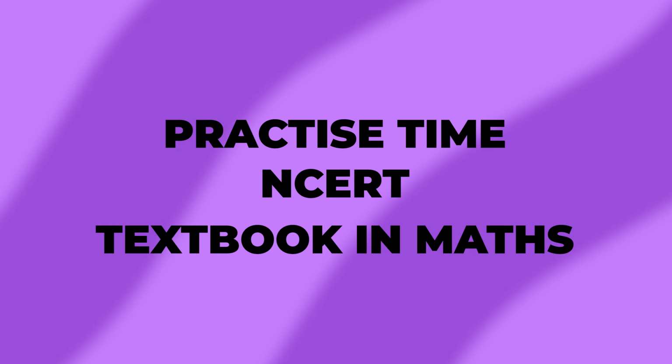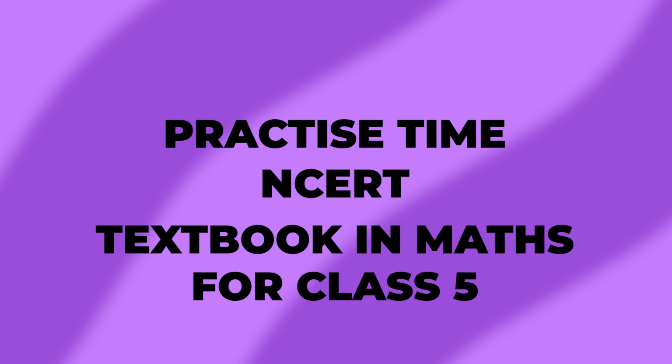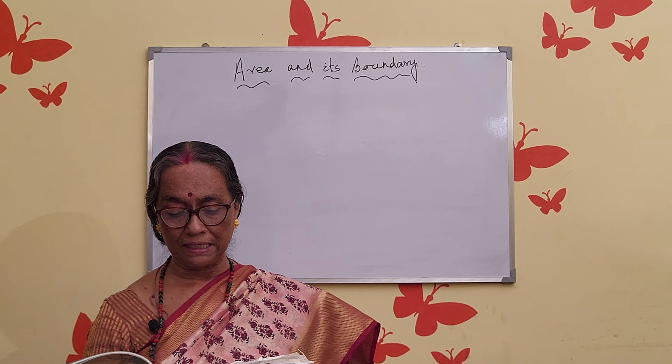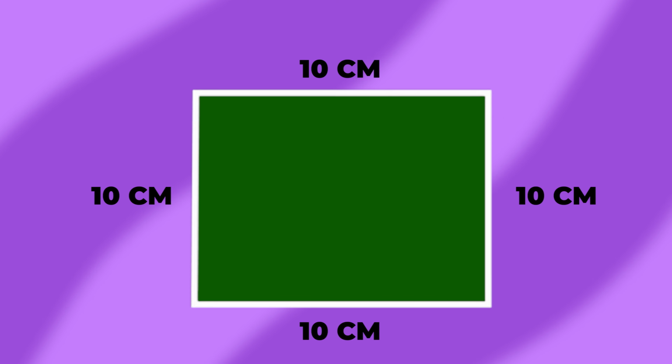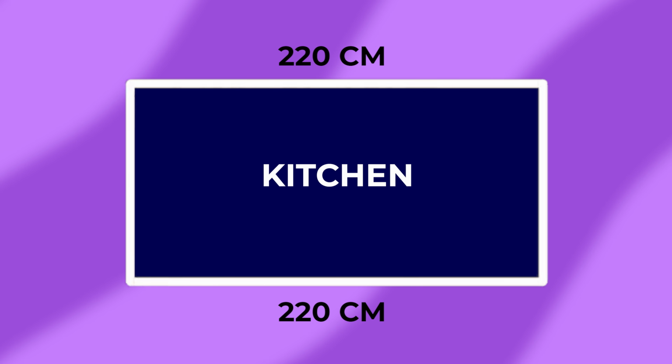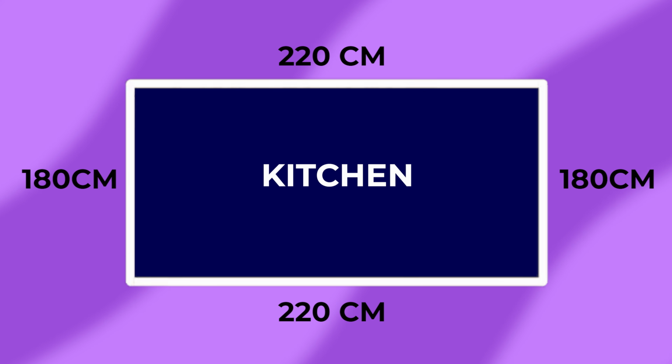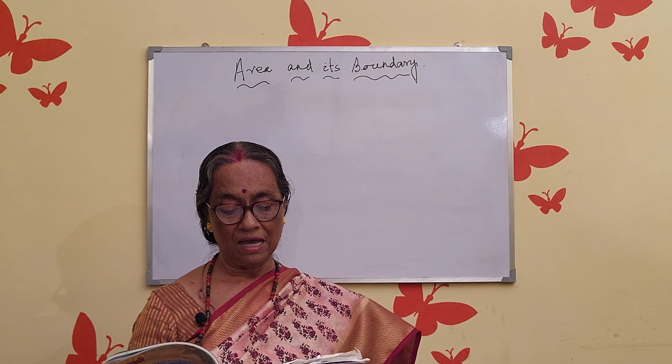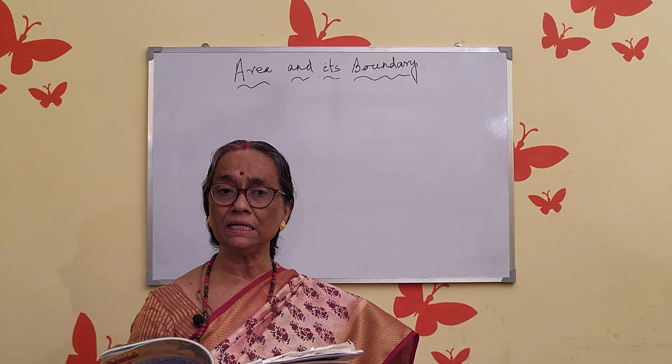Now we start the practice time of the NCERT mathematics textbook for class 5. Arvaz plans to tile his kitchen floor with green square tiles. Each side of the tile is 10 centimeter. His kitchen is 220 centimeter in length and 180 centimeter wide. How many tiles will he need?